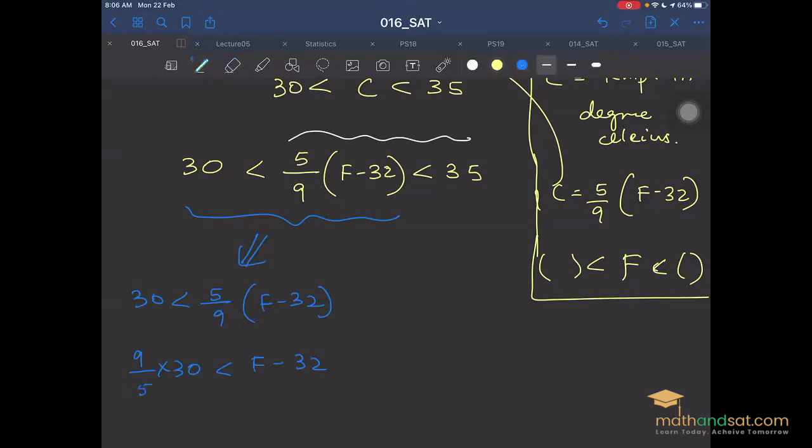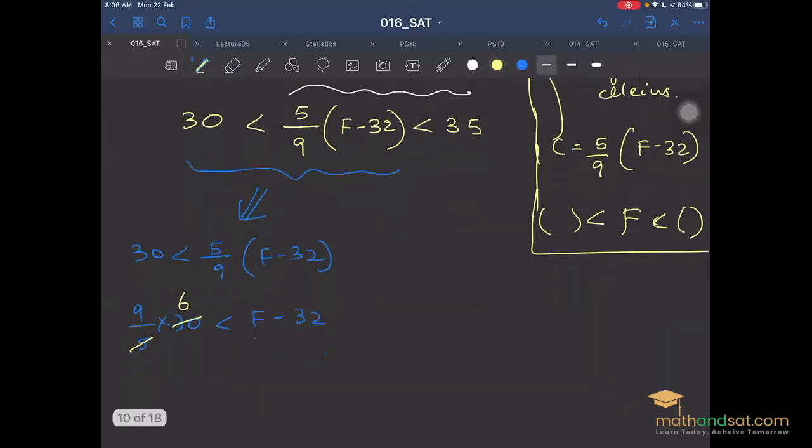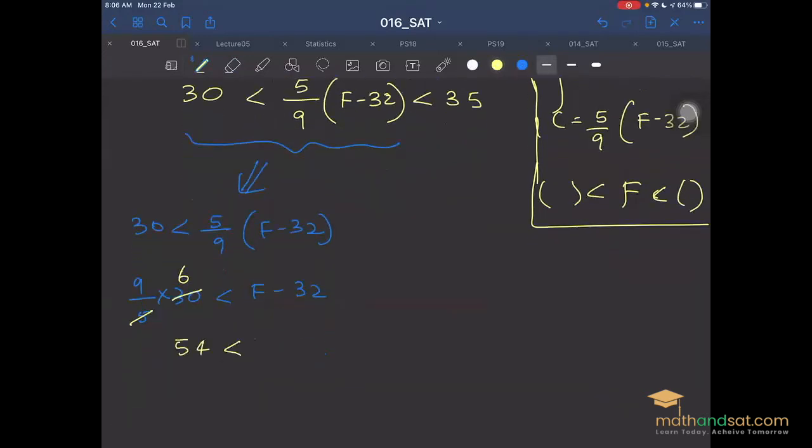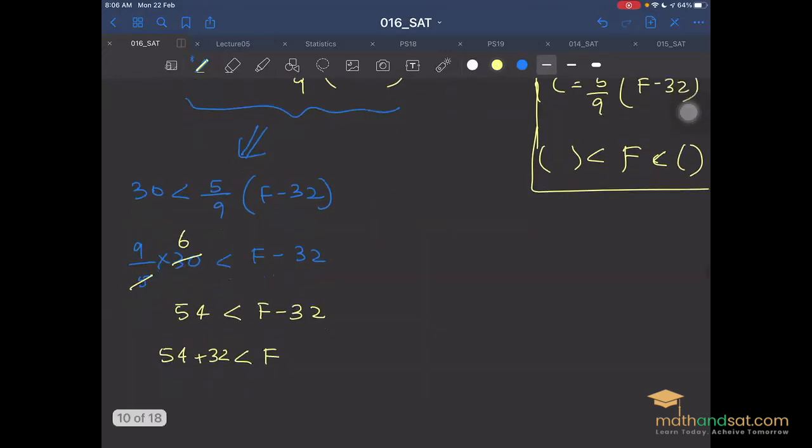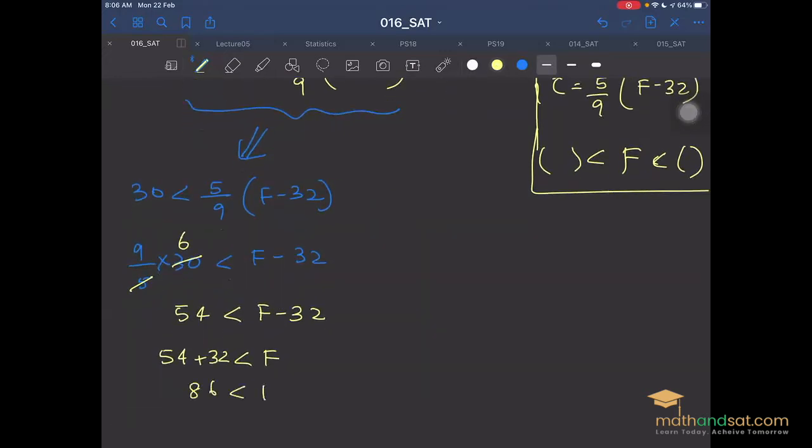Now your 5 and 30 can get cancelled. You have 54 less than F minus 32. So your F is greater than 54 plus 32. So this is 86. Your F is greater than 86.